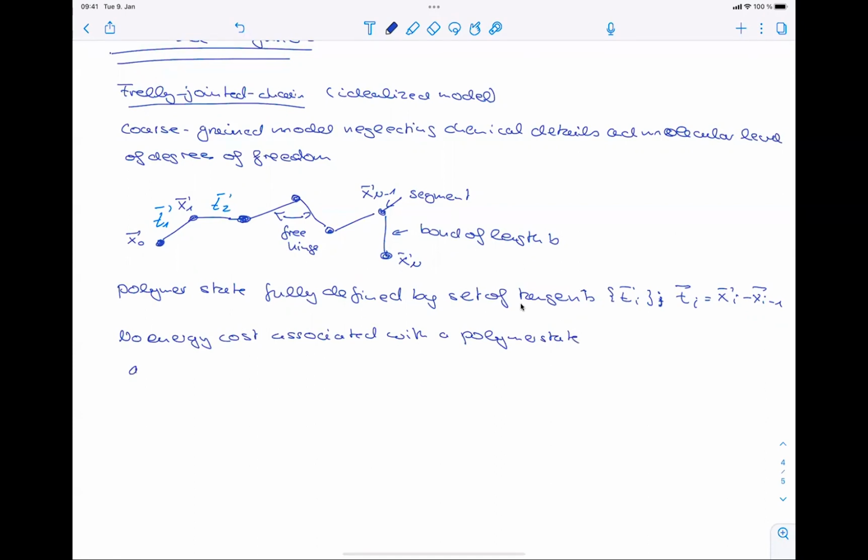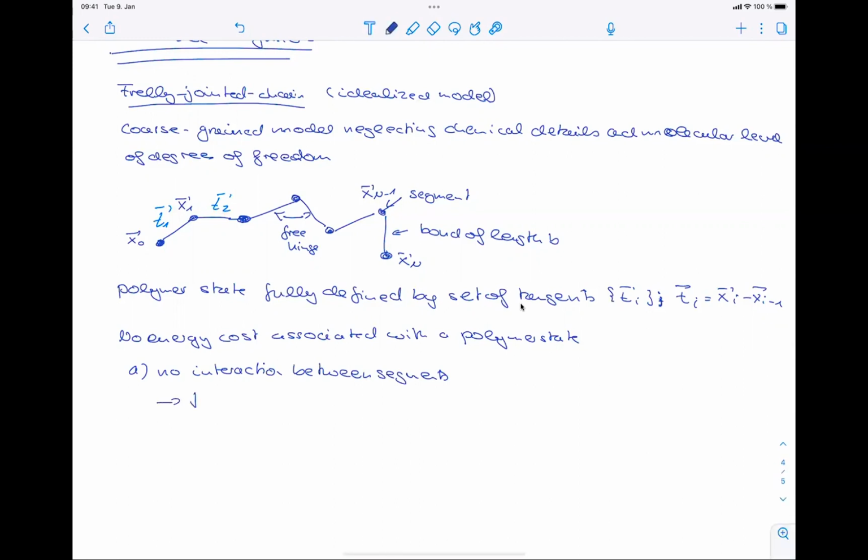That means there is no interaction between segments, like there's no electrostatic repulsion or whatsoever, which means that these individual tangents are statistically independent, right?